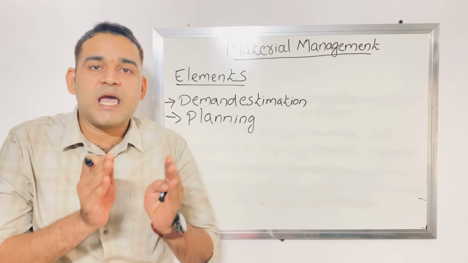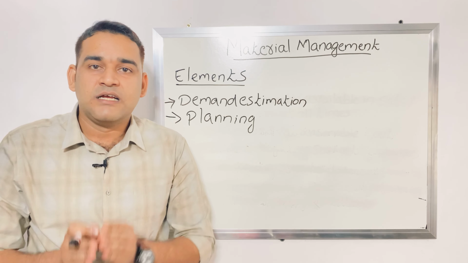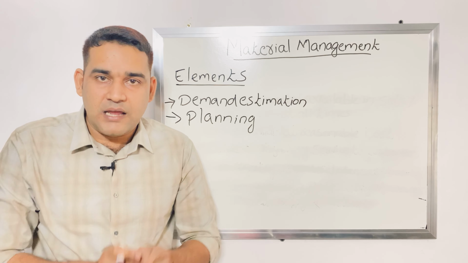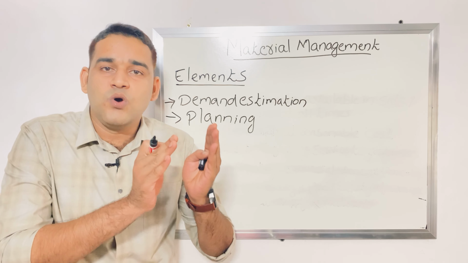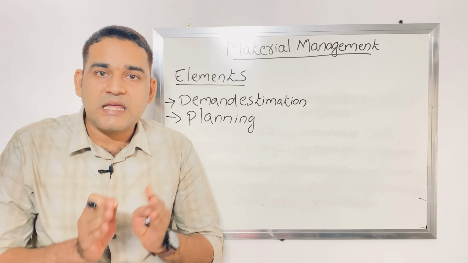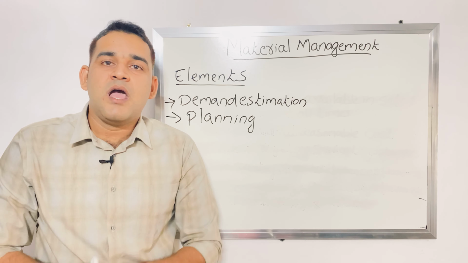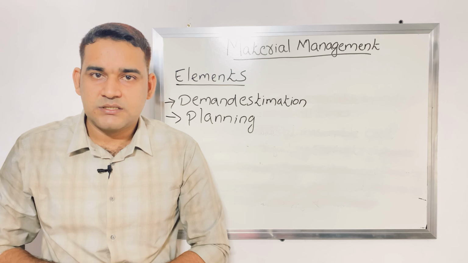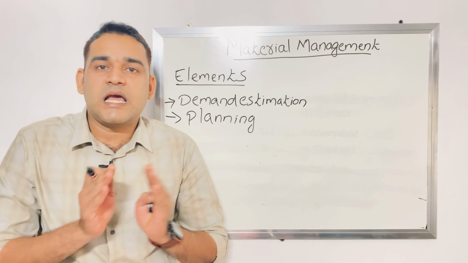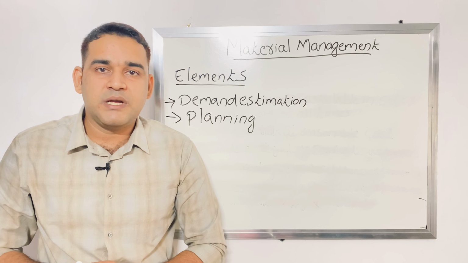The purchase amount, at what cost you will get that thing, you have to plan, and when you want it, you have to plan that too. Planning is very important in material management. That is the next element of material management.